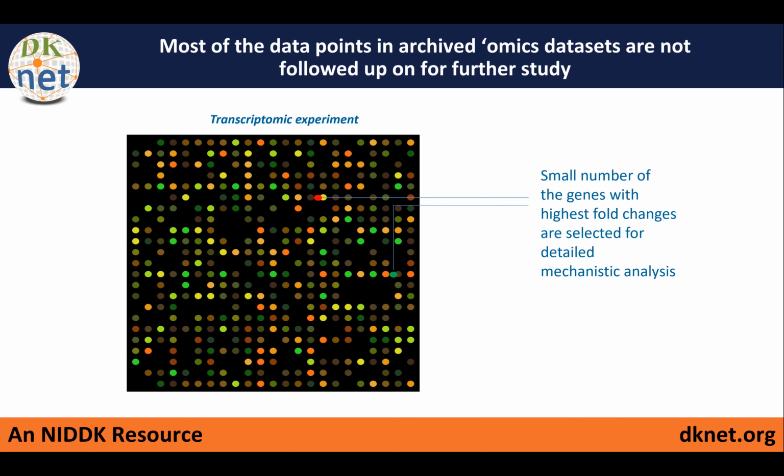Now, although these data sets can be archived, that doesn't happen all the time. And even when they are archived, the actual archived data sets can be very difficult for the average researcher to make use of.